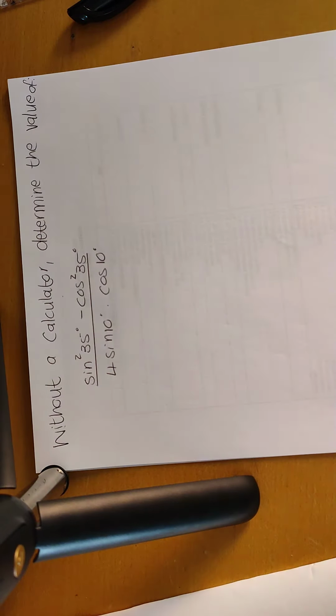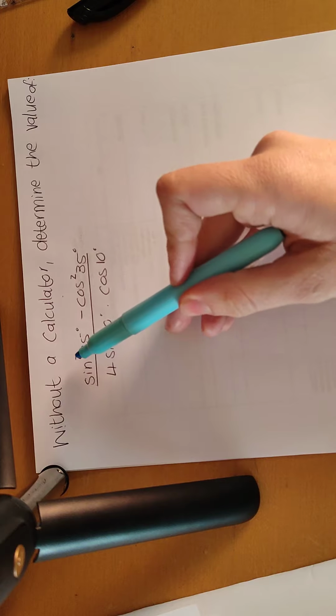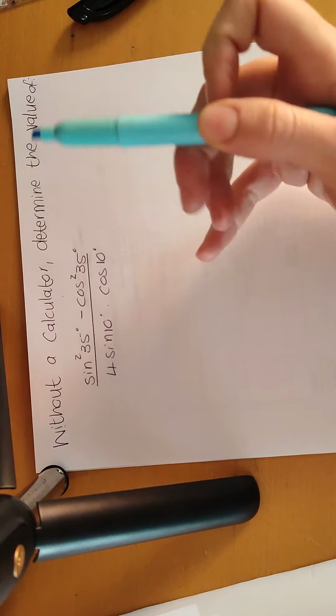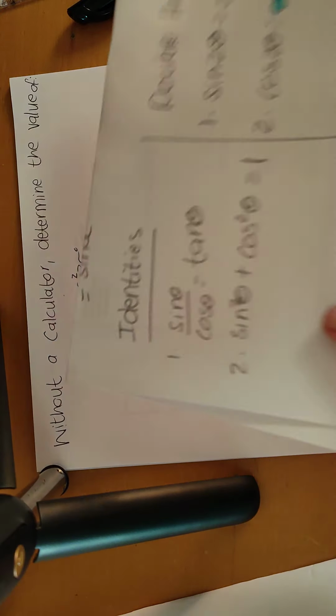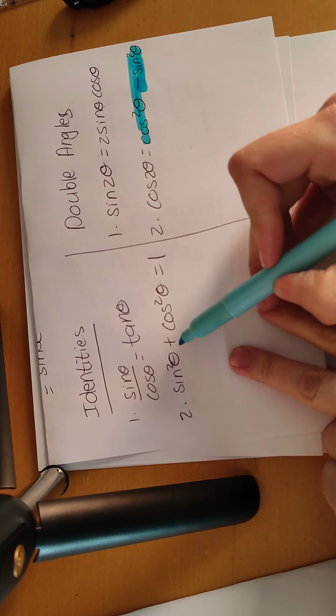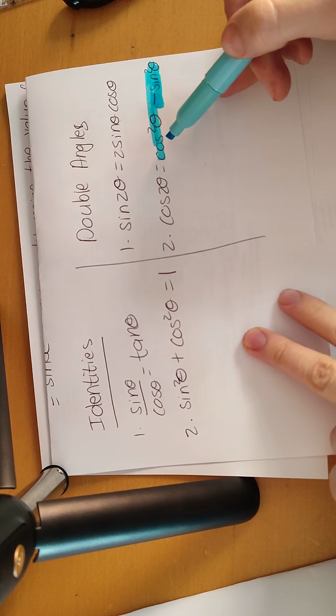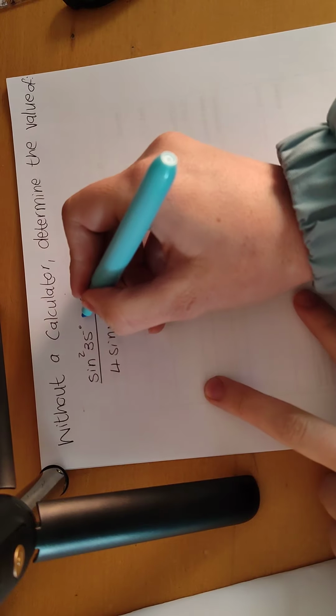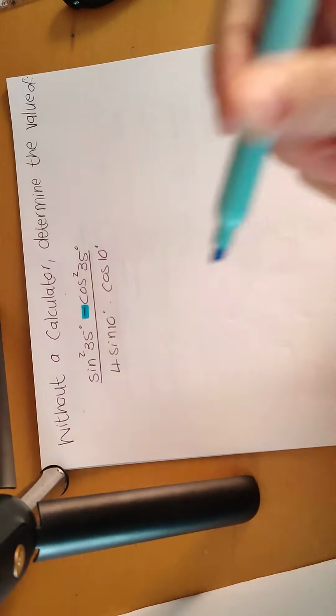Okay, now when I go to the question that you guys got in the exam, the first thing that I see is that I have a sine squared 35 degrees minus cosine squared 35 degrees. Now here sine squared is first, but this is a plus. Here we have cosine first, but there's a minus. So this minus is actually a hint to you guys.